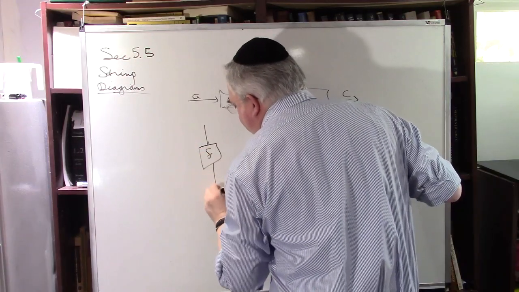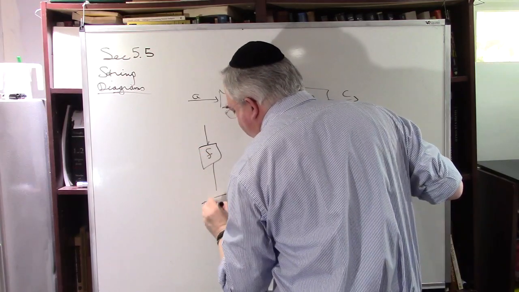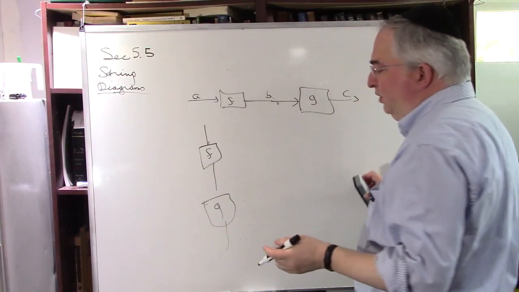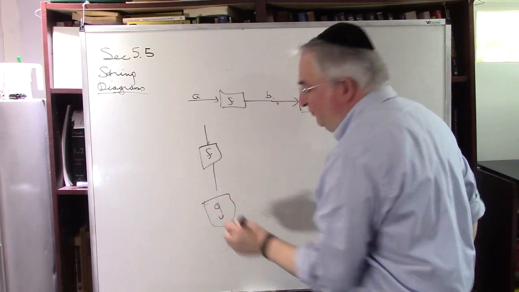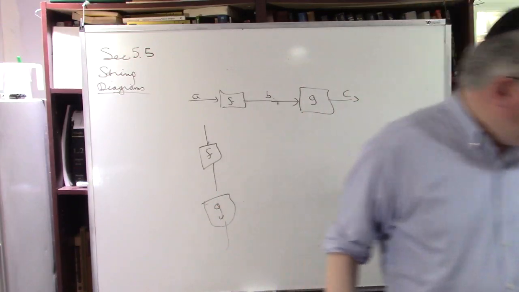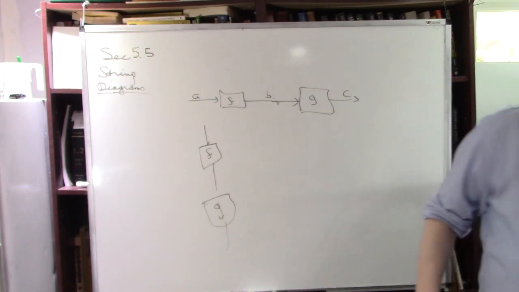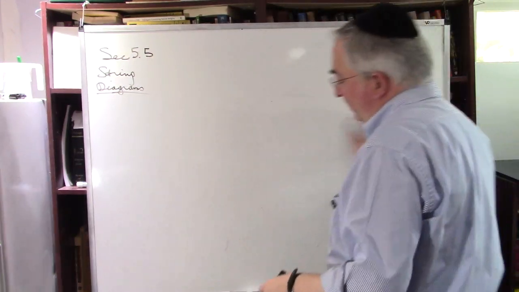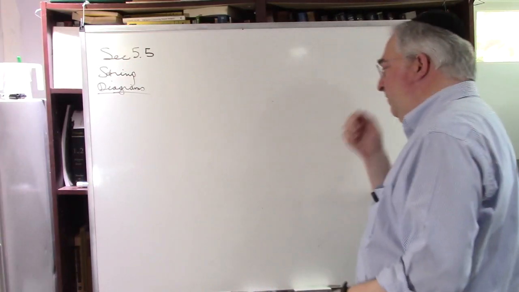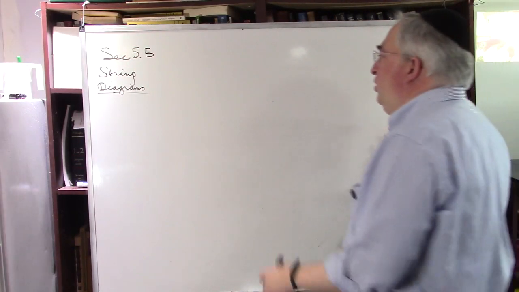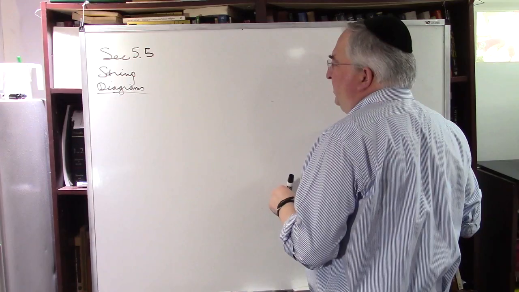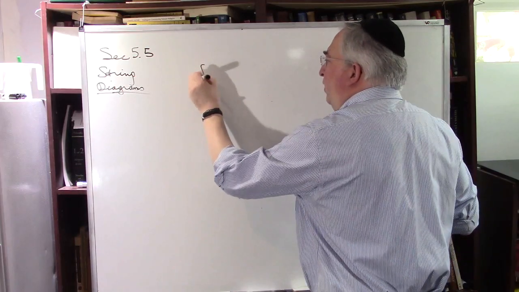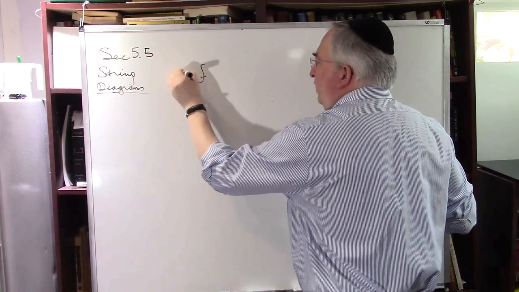Here's F, and then here's G. Again, there's no wrong or right. These are just different ways of presenting things. When you're presenting mathematics, there's one way of doing it. When you're presenting how to display mathematics, there's many ways of doing it. Okay, great. Now, let's say we have, so that would correspond to F composed G.